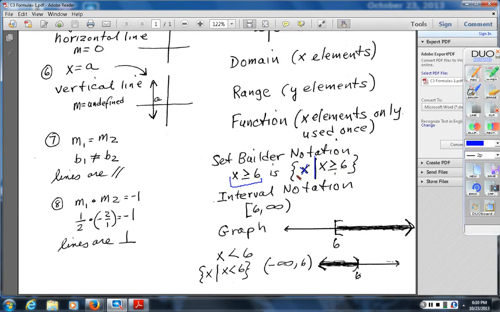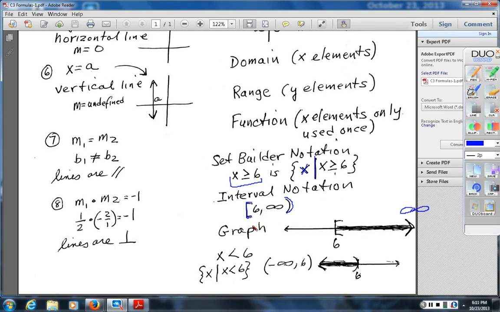Now, putting this in interval notation, you would say that it's going to start at 6, as we see in this graph here, and we put that in a bracket indicating that 6 is a member of that set. And then where does it go to? Well, it goes to positive infinity, and that's how you would write interval notation for that. And that's the graph. Actually, I like to have the students do the graph first, because from the graph it goes right into interval notation.